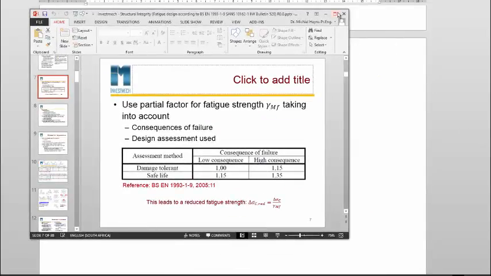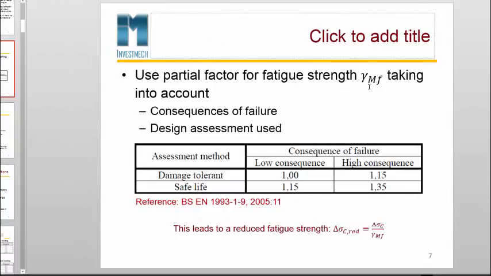Let's just make it partial factor for fatigue. Now, as you can remember, right in the beginning of the course, I introduced you, and I'll open my slide to this slide, where we spoke about the partial factor for fatigue for different assessment methods and consequences of failure.